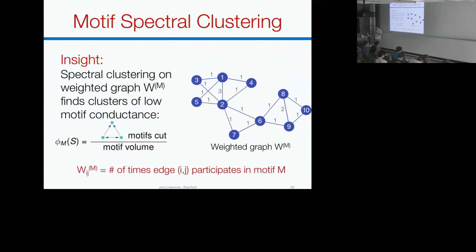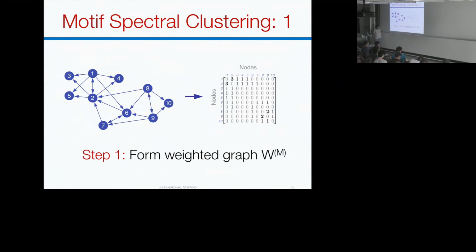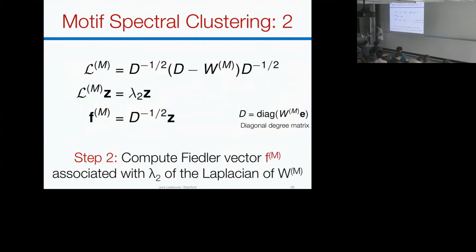So let me now show you what the algorithm is. The algorithm is: take the graph and the motif and create this weighted adjacency matrix, where the weights are the number of times a particular edge participates in the motif of interest. Now that I have this weighted adjacency matrix, I apply standard old school spectral clustering.